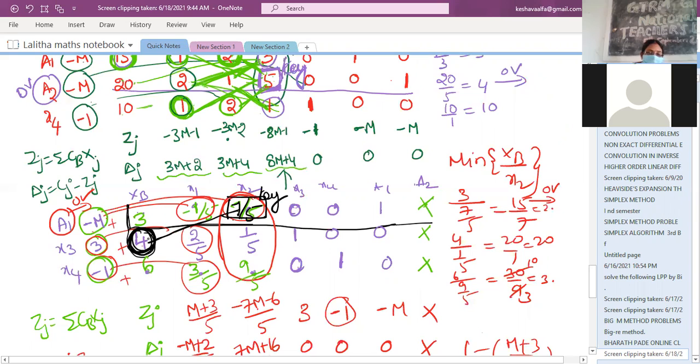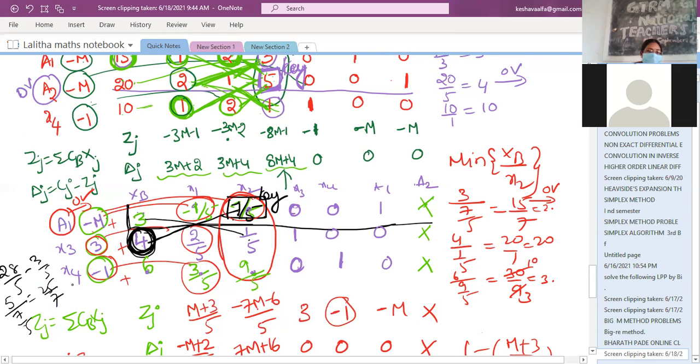AD minus BC, so the key element row is in the second row. We want this 1 by 5 and 3. 7 by 5 into 4 is 28 by 5, minus 3 by 5, divided by the key element 7 by 5. 28 minus 3 is 25 by 5, that means 5. 5 divided by key element 7 by 5 means 25 by 7.